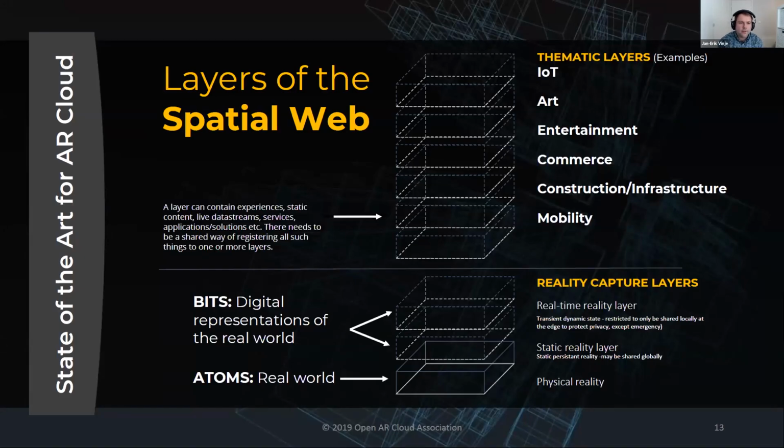So when we're talking about the spatial web, it is very much a map concept where those who have worked with maps all their time can recognize the bottom part as base layers. The base layers in this concept are tied to the real physical world. It is the terrain, it is the buildings.